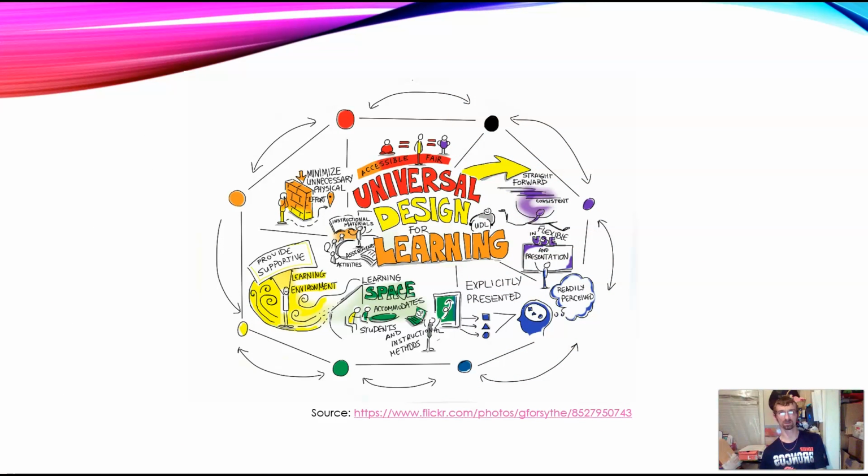This is a picture that I found, and the sources are cited as well. This kind of shows the flexible, straightforward, consistent learning space that accommodates students and instructional methods, providing a supportive learning environment, minimizing unnecessary physical effort.